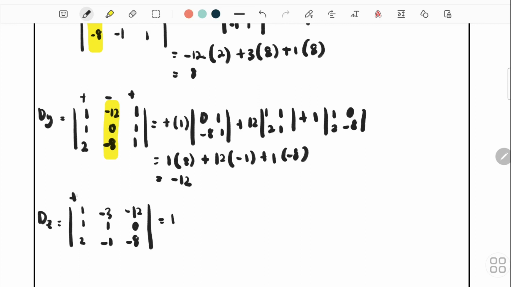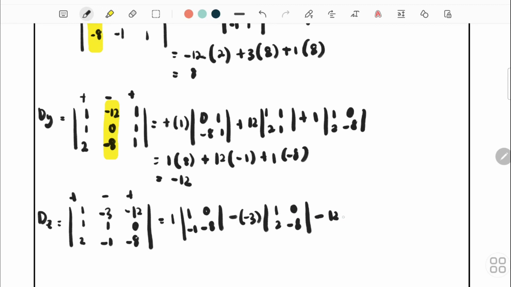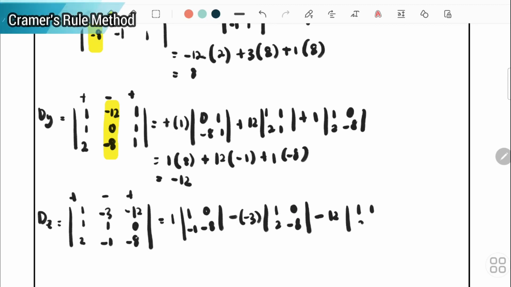So this is positive, negative, positive. So then you get 1 multiply with 1, 0, negative 1, negative 8. Negative of negative 3 multiply with 1, 0, 2, negative 8, minus 12 times 1, 1, 2, negative 1.